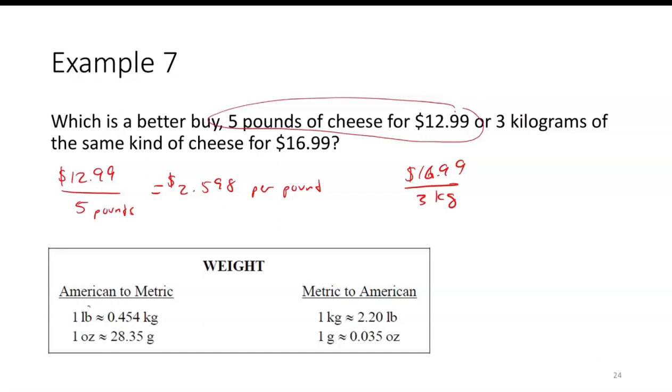So I'm going to go with this one here, because I need kilograms on top. So I'm going to put the messier 0.454 kilograms on top and the 1 pound on the bottom. And again, I'm doing that because there's also the 1 kilogram is 2.2 pounds. You could also use that. You get more accurate, slightly better answers if you put the messier numbers on top.